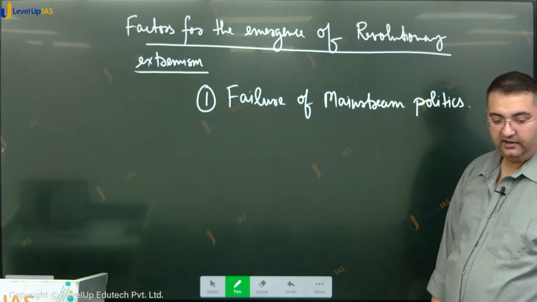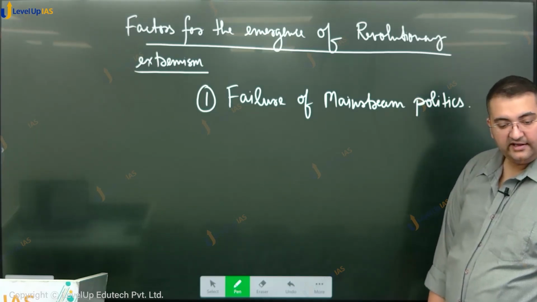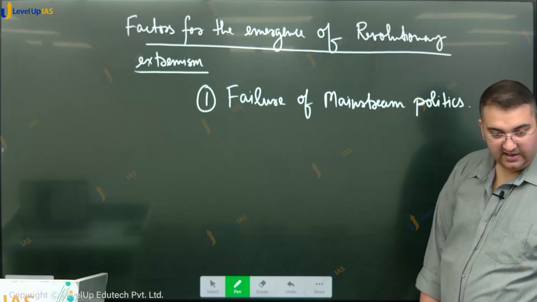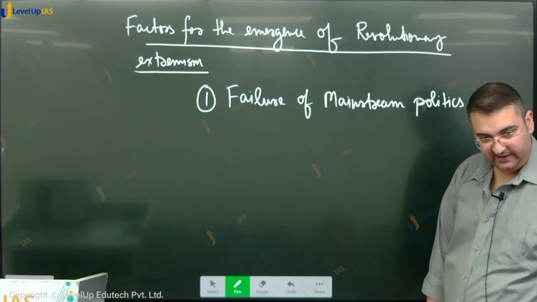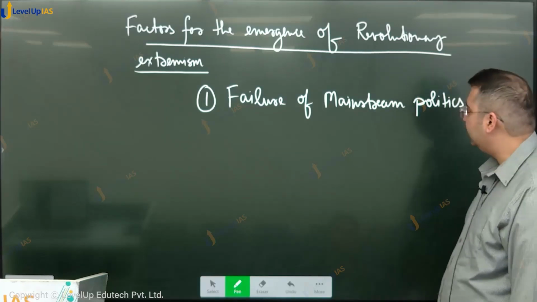By this point of time, the Indian nationalists had experimented with both the moderate as well as the extremist methods, and both of them had failed. Both of them had failed to yield the necessary results.